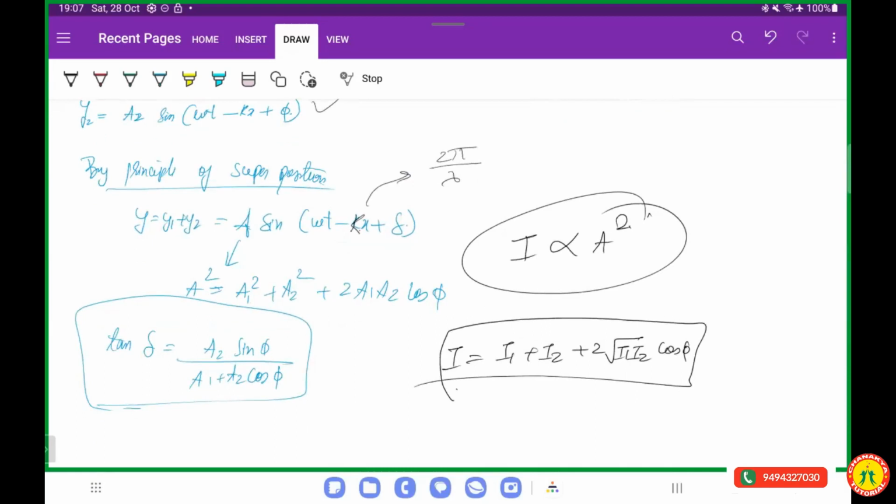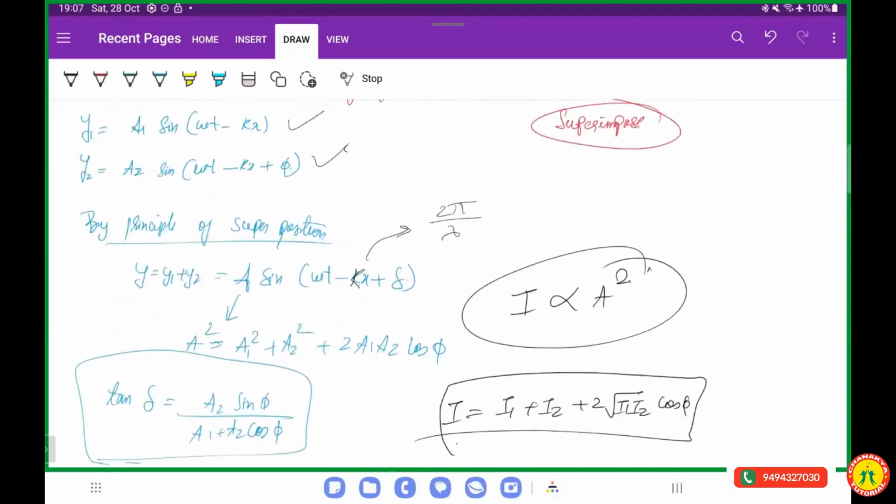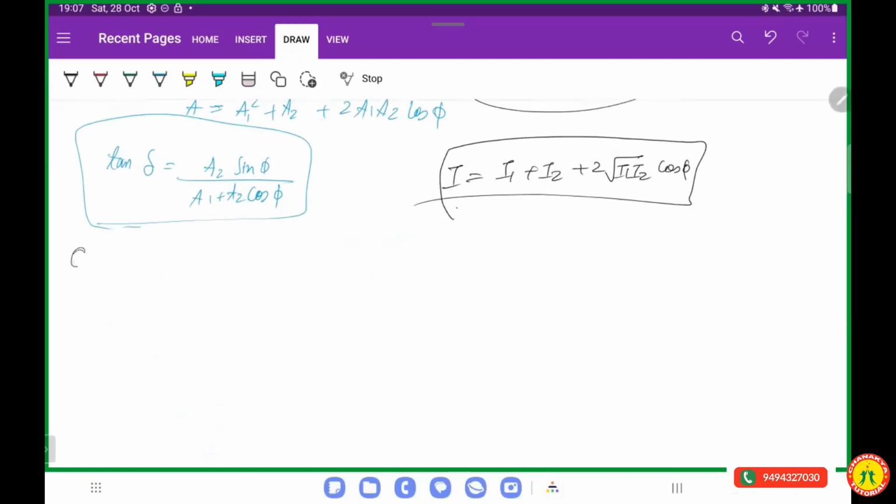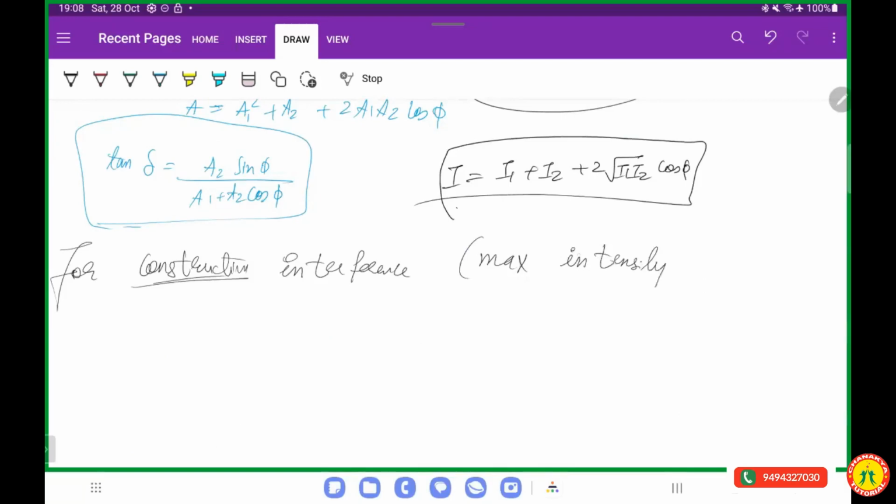Okay, so with this we'll continue here. Constructive interference is for maximum intensity. When it is constructive, that will be maximum intensity.